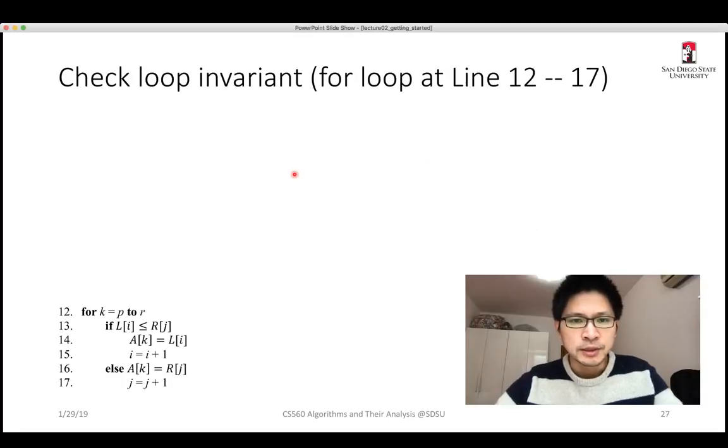Though the implementation of the merge procedure is quite straightforward, and it's easy to tell that it is correct after we have gone through it step by step, it still doesn't hurt to check its correctness formally using the loop invariant method, as we did for insertion sort.